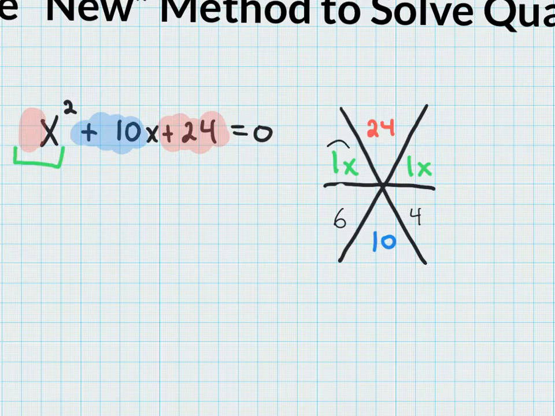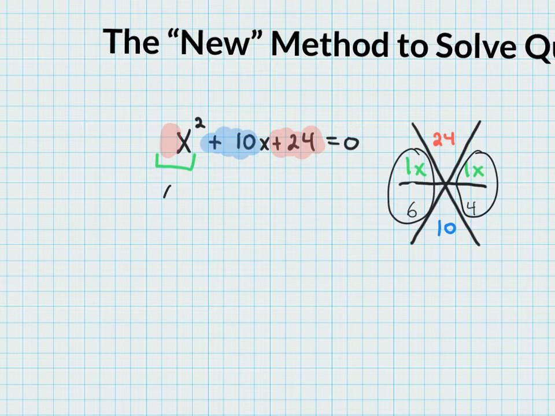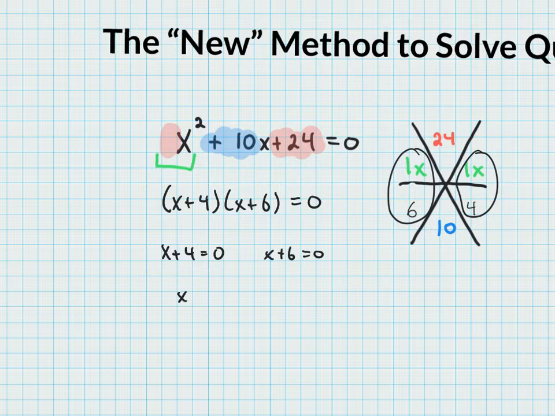We know that x plus 6 and x plus 4 are the factors. So I'll go ahead and write that in factored form over here, equals 0. And now using the zero product property, each one of the factors is set equal to 0, like so. And then we get x is negative 4, and the other solution is x is negative 6.